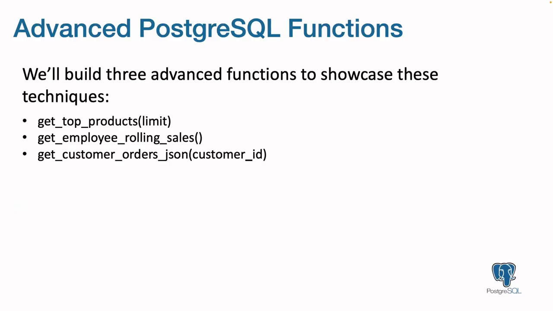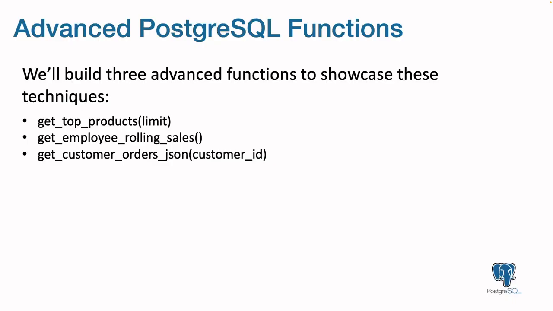So, in this episode, we'll build 3 advanced functions to showcase these techniques. We'll create the function getTopProducts, which takes a limit parameter, and this will be used to show top selling products by quantity across all orders.